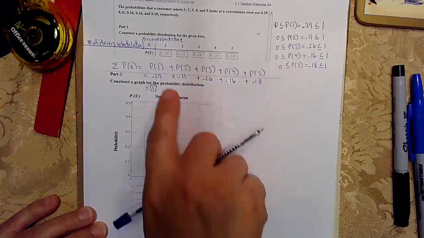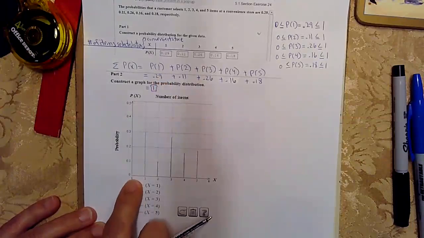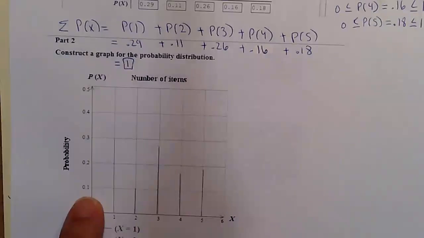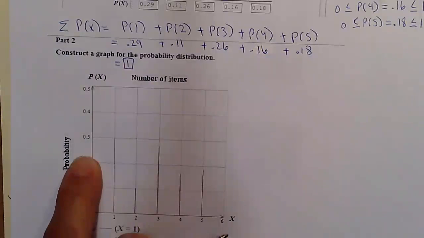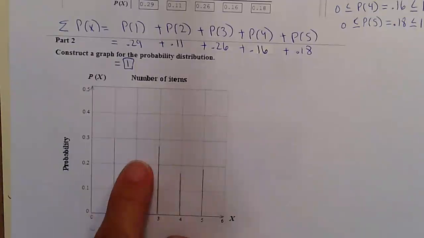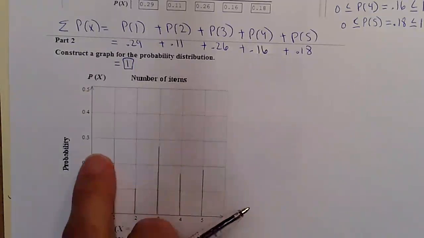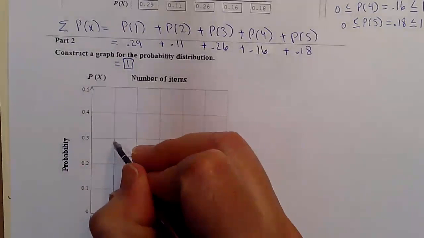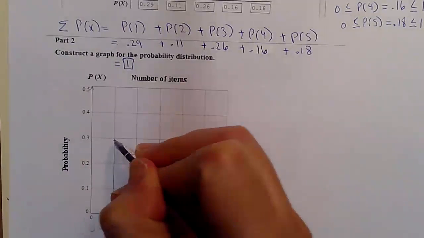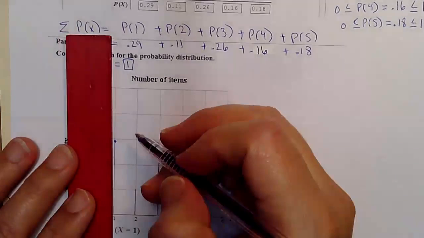And for 1, it's 29 cents. So you can see here, this is 0, like a dime, 10 cents, 20 cents, 30 cents, 40 cents, 50 cents. The 29 cents is just under 30. So that one should come all the way up to here, really close to 30.